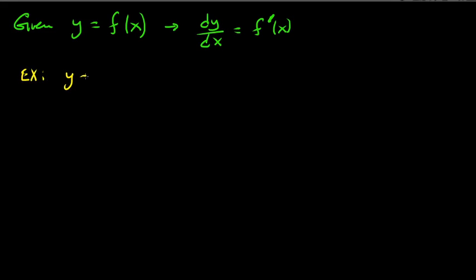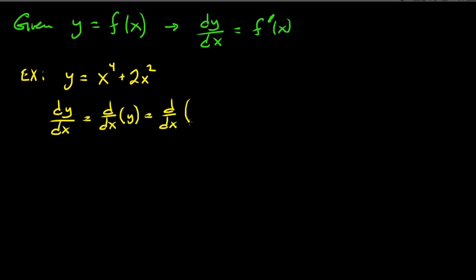Let's suppose y is just x to the 4 plus 2x squared. So the derivative of that, well, again, it's the derivative of y, or the derivative of x to the 4th plus 2x squared.